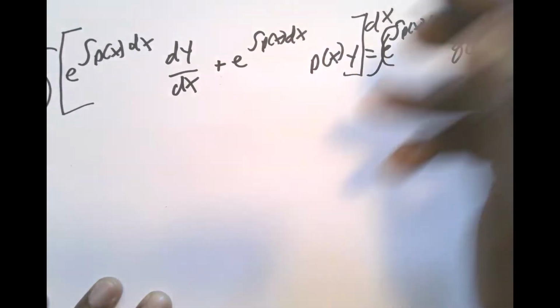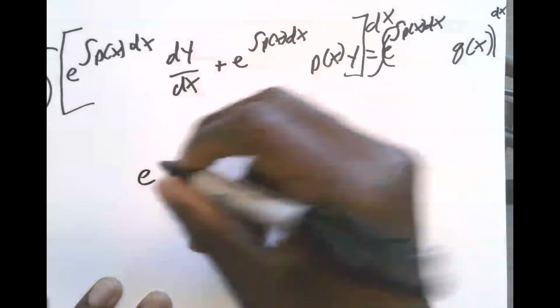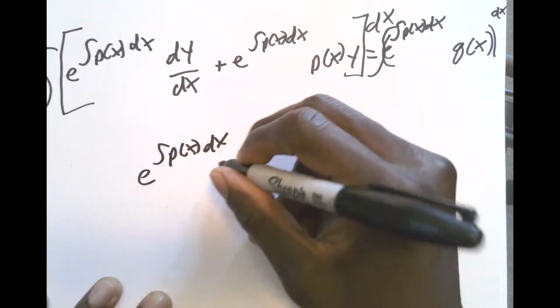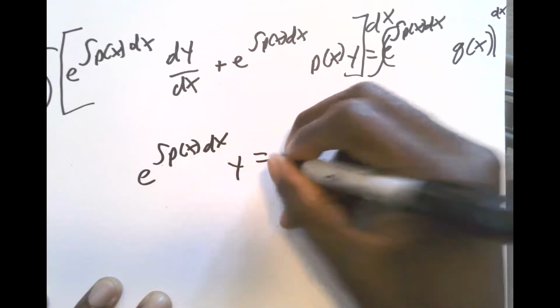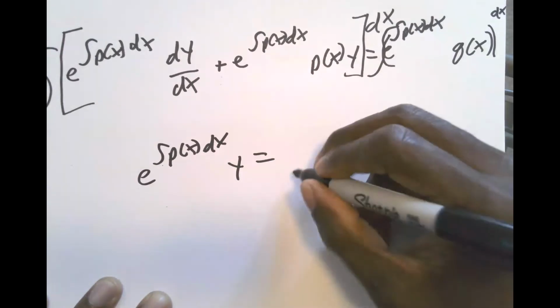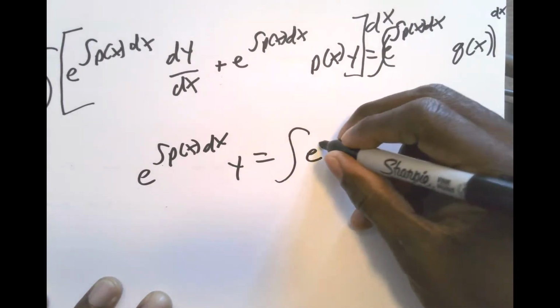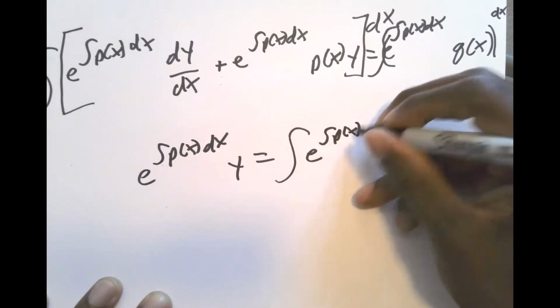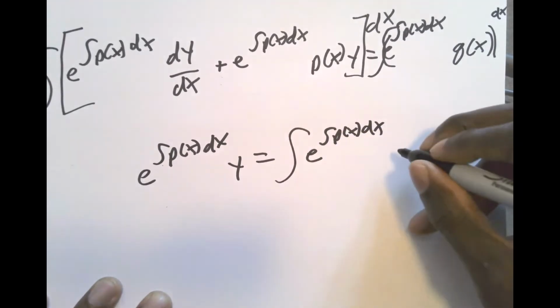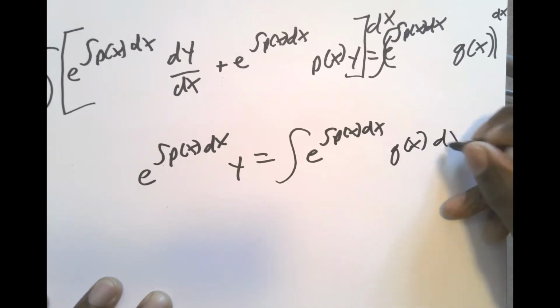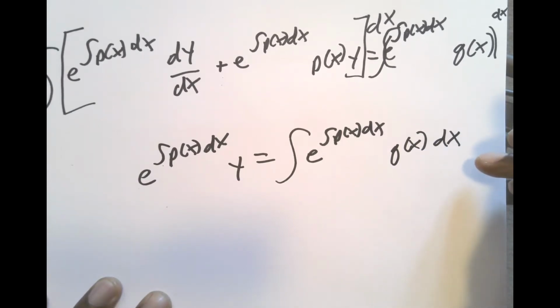So if I integrate it, since this is that derivative, I'm just going to get e to the integral of p(x) dx times y. And of course, that'll equal this integral. So this is the integral of e to the integral of p(x) dx times q of x, right? Plus some constant.